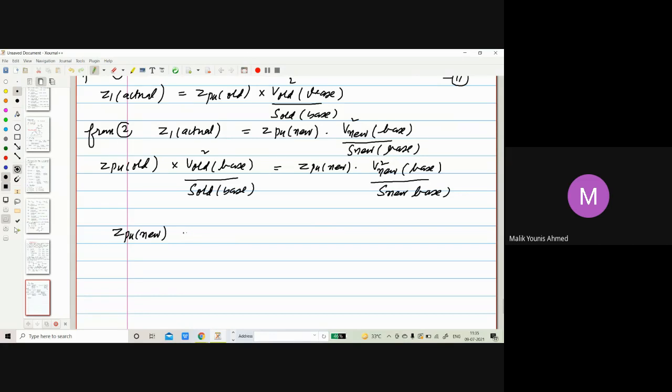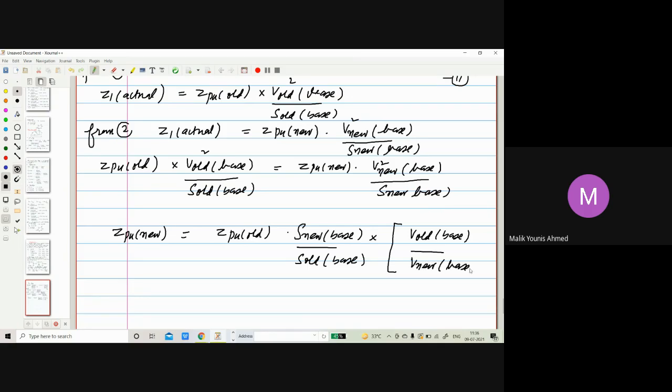Z per unit old will be given to you. So that value will be Z per unit old multiplied by, while going to the other side, S new base divided by S old base, multiplied by, in brackets, V old base divided by V new base, whole square.